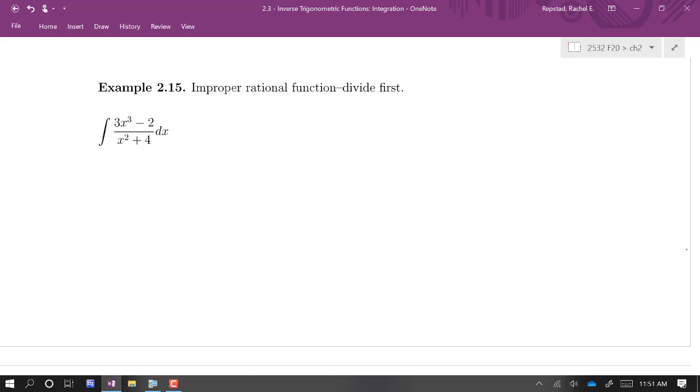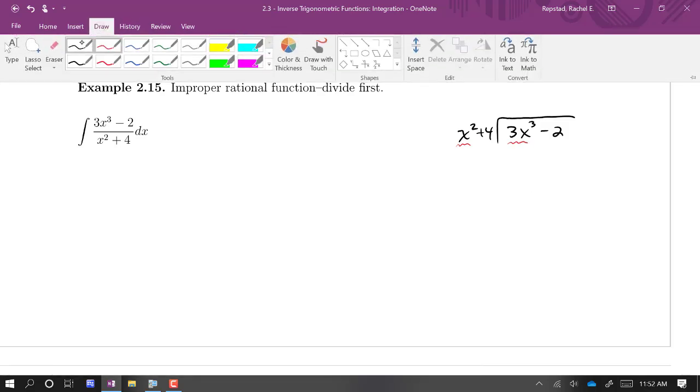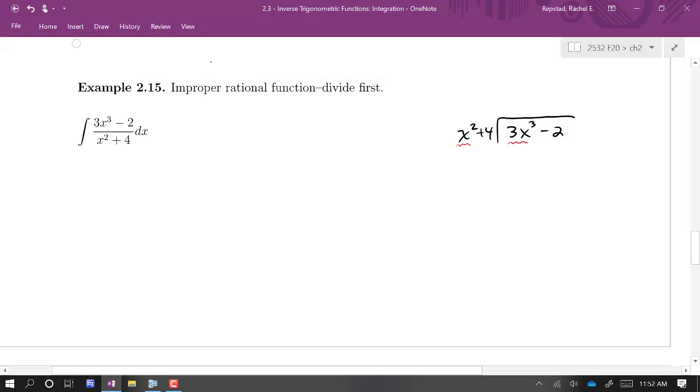So we're going to divide 3x cubed minus 2 by x squared plus 4. Looking at the first terms, we multiply x squared by 3x to get x cubed, so there's our first term.